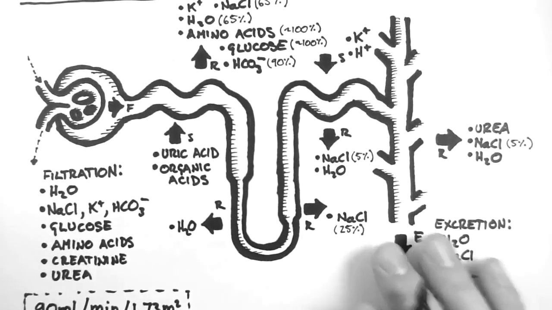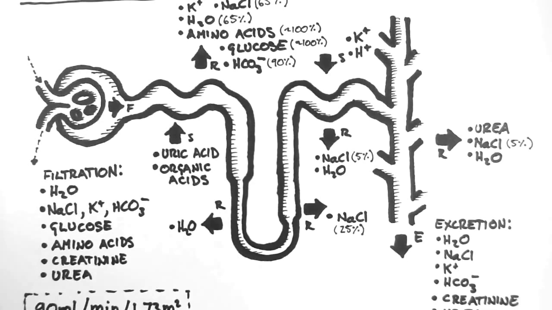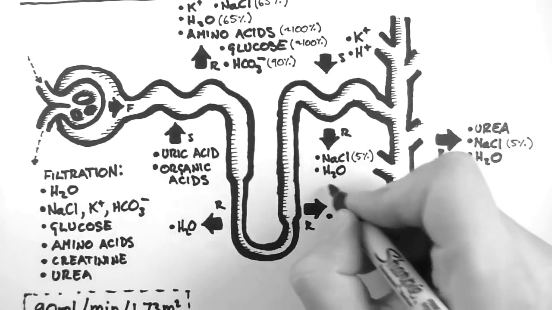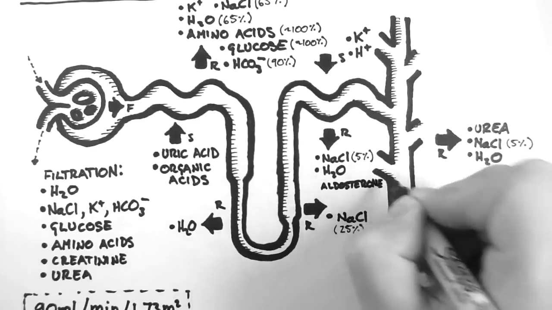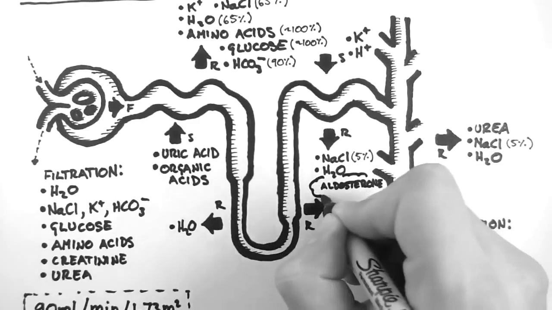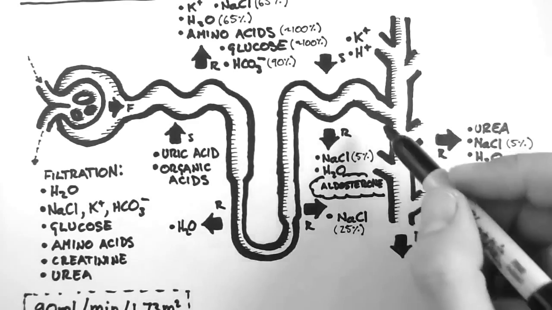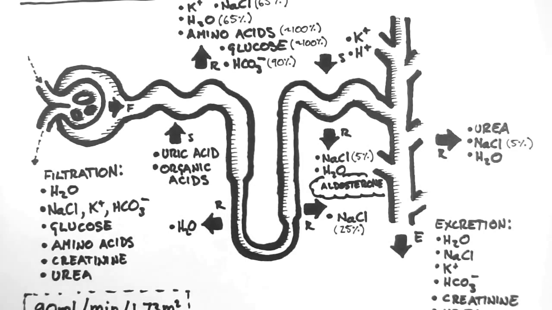One last thing I would like to mention is that there are two major hormones which control the rate of water excretion. These are aldosterone, which is part of the renin-angiotensin-aldosterone system, which you can find out more about in the RAAS handwritten tutorial. And this acts on the distal tubule and increases the rate of water reabsorption.